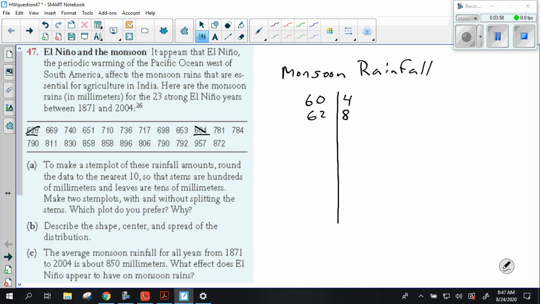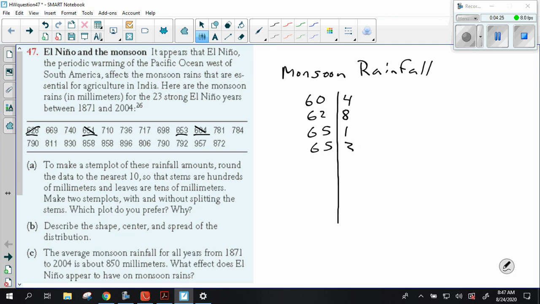You can see that it would be weird to do this for a long time. The reason why they're asking you to round is because I don't think I'm going to have more than one leaf per stem at this rate. Let's see what happens. My next value, I believe, is 651. So 651 there. 653 appears to be my next one.